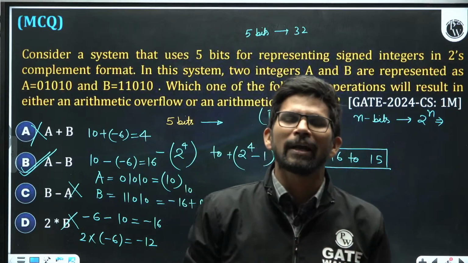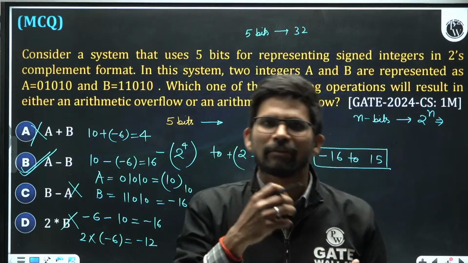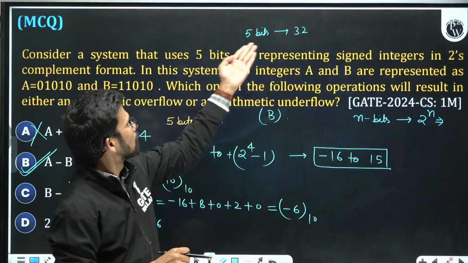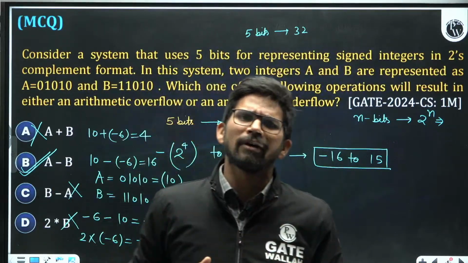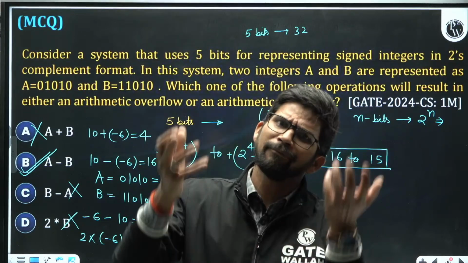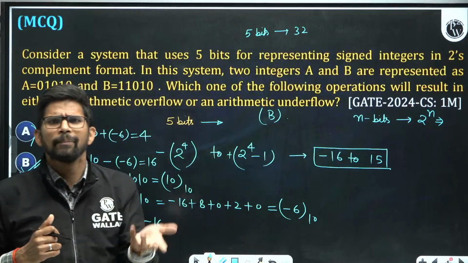In signed number representation, some of the representations are used as negative numbers, some of the representations are used as positive numbers. Total numbers you can represent is 32 only. How minus 32 to 31? Minus 32 to 31 is 64 numbers. From 5 bits, how can you represent 64 numbers? Use your common sense, beta.